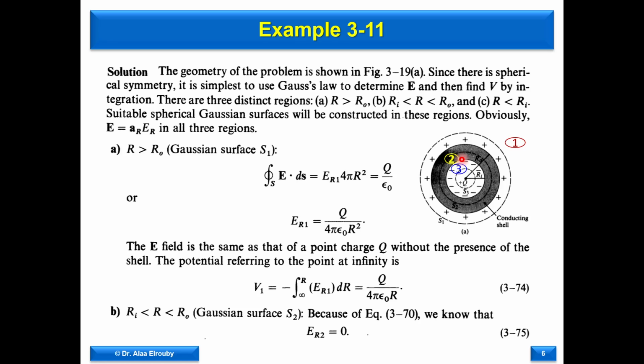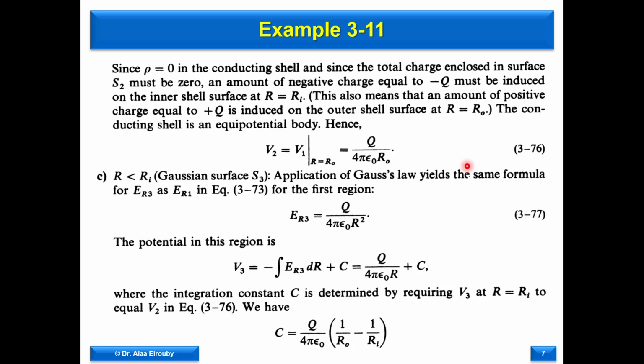The potential at this point equals Q over 4 pi epsilon naught R outer, because it is on the surface of the conductor. We can find the potential at any arbitrary point inside by the difference between the known point and the point of interest.